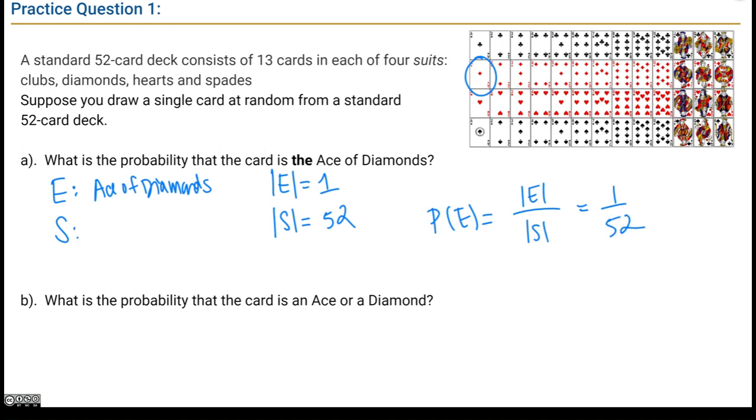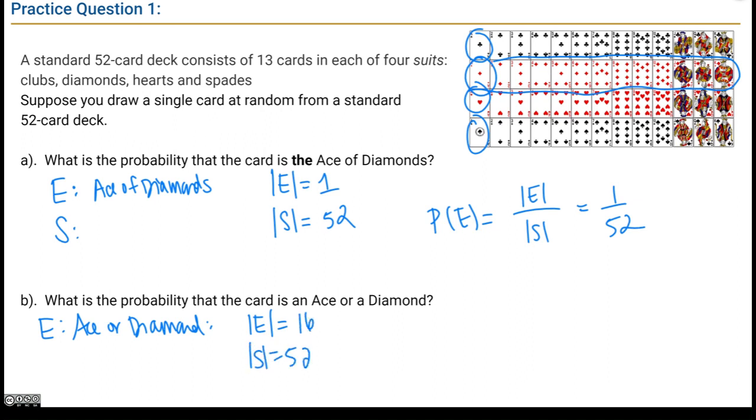Okay, now what's the probability that the card is an ace or a diamond? We have a couple ways you can do this. First, I could say ace or diamond, and I could set up that sample space, and I could say how many cards are in that. So if I go look here, I have these 4 aces, and then I have this whole row of diamonds. So altogether, I get 4 plus these additional 12 here, so I get 16. And then my sample space is still the same.